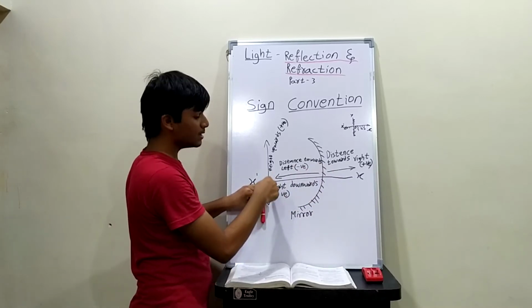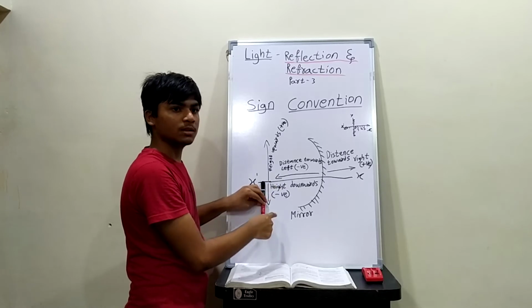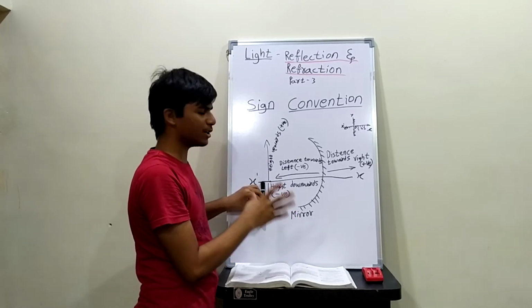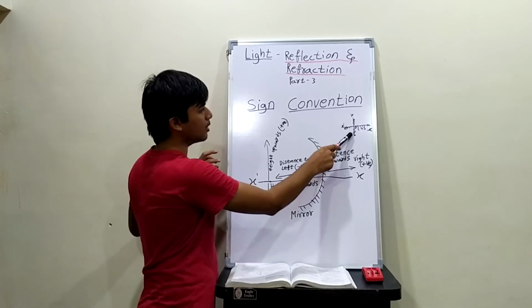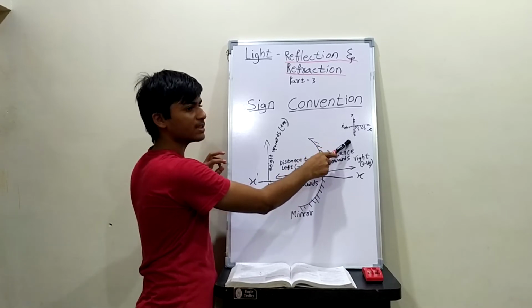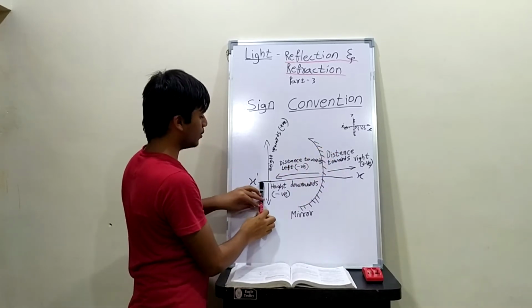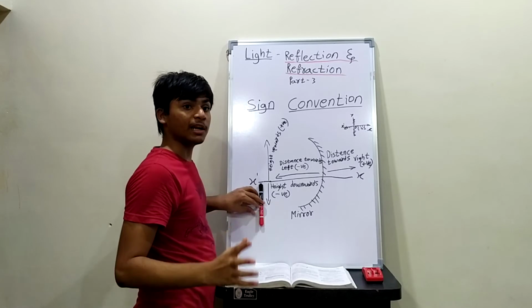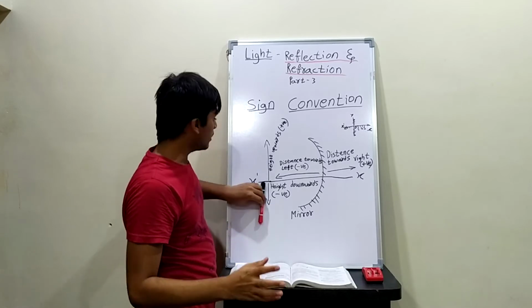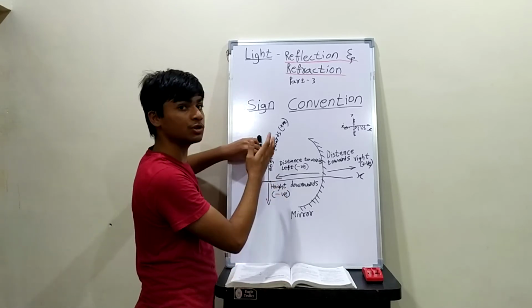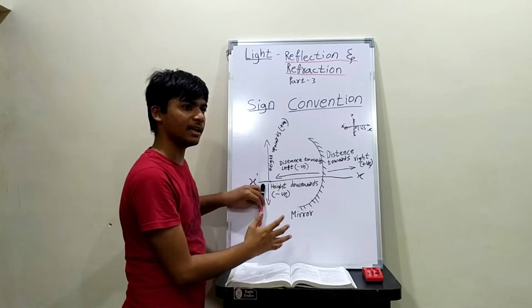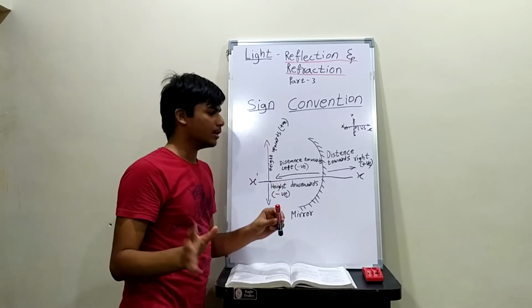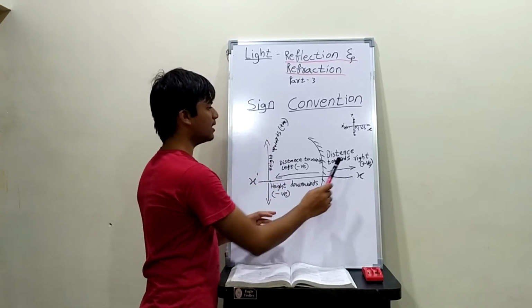But as our image is downwards, the height of the image comes negative. Just check this, downwards is the negative y-axis. In the same way here also, when you calculate downwards, you will get negative. Upward the height is positive, downward the height is negative. It is clear, right? Okay, now let's go to this side.